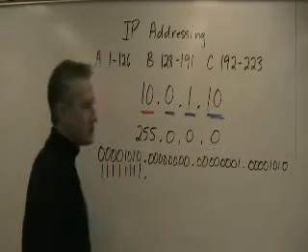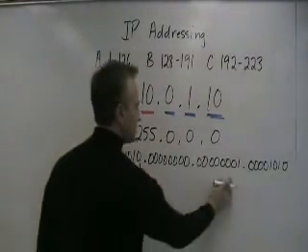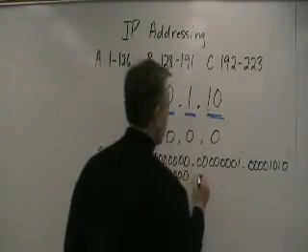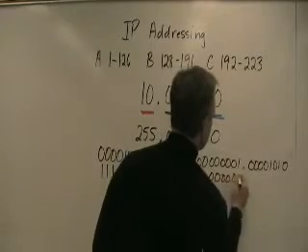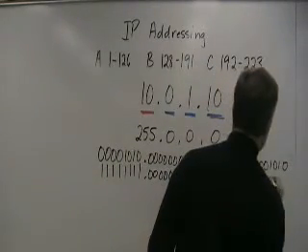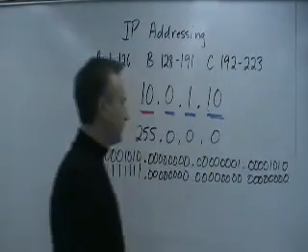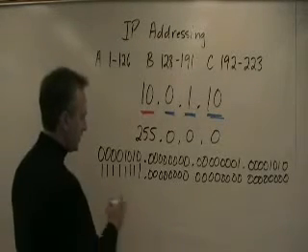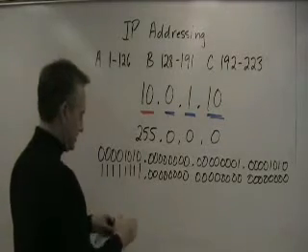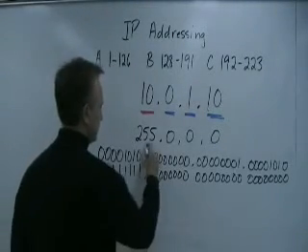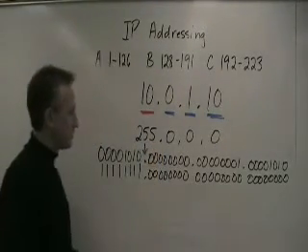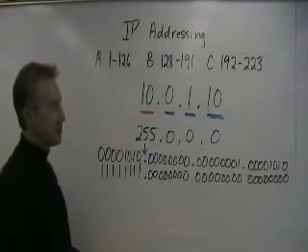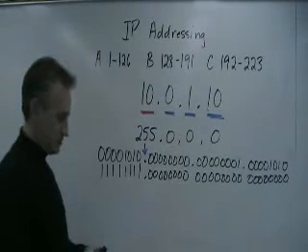The remaining octets are all zeros, which means I have 8 zeros, 8 zeros, and 8 zeros. So there's my mask. And again, what I note here, where the dividing line is, which for class A is right there, is exactly where the ones stop and the zeros begin, in the subnet mask, in the binary version of the subnetwork mask.